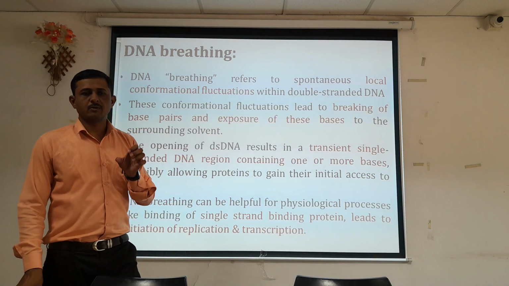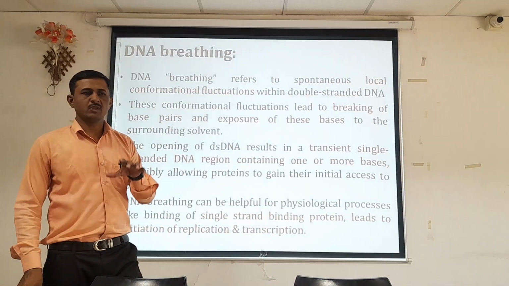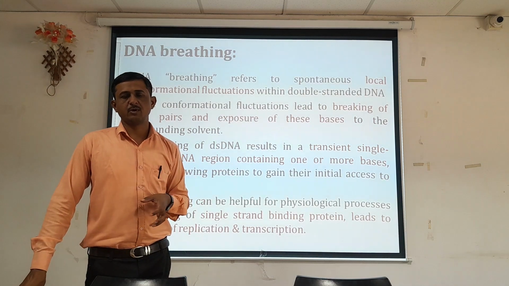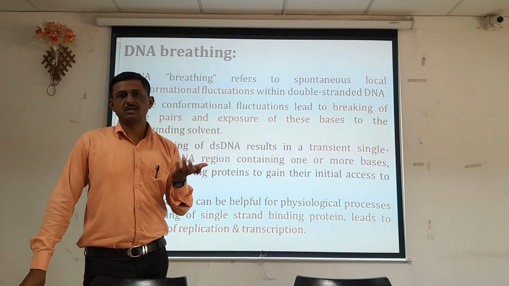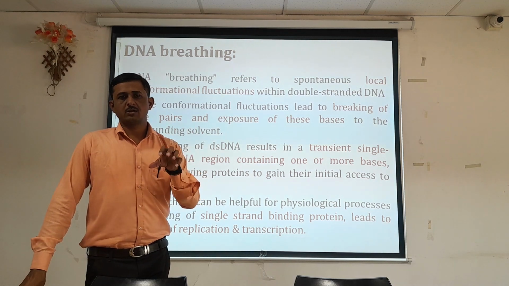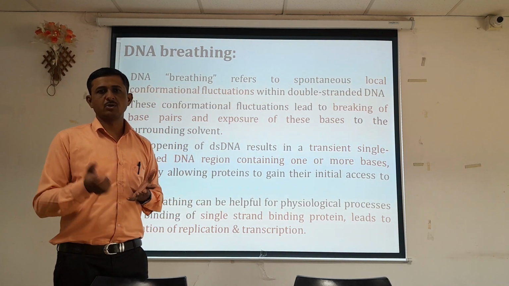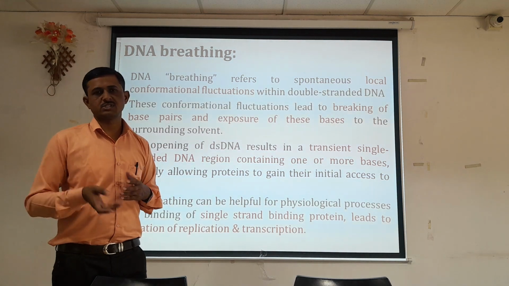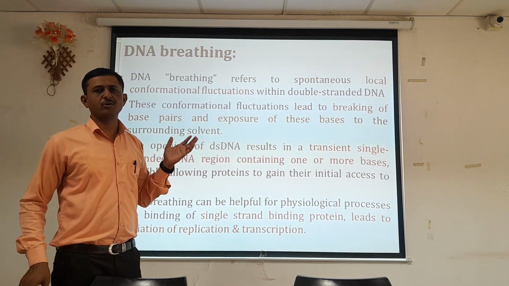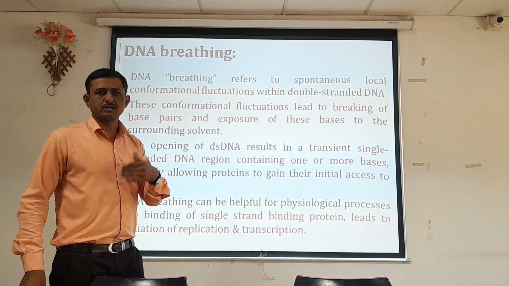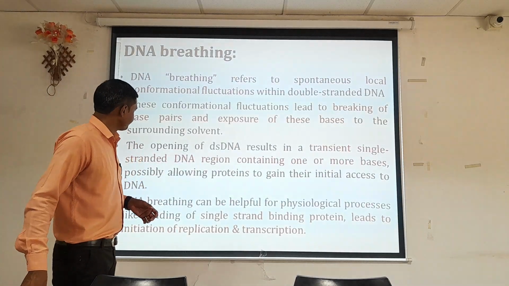As the bubble is formed, the DNA nitrogenous bases are now exposed to the external environment. That's why different enzymes or proteins can enter the double stranded DNA, or some enzymes can bind to the single stranded DNA, and different processes are carried out. Sometimes they are helpful, or sometimes complicated processes.